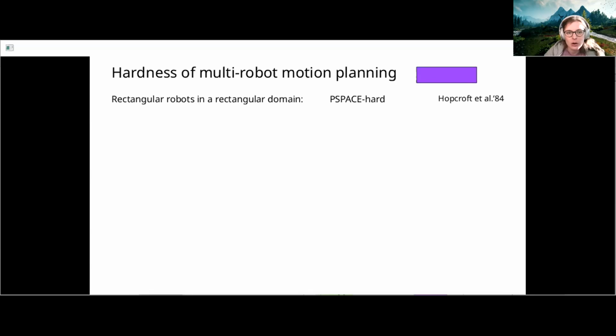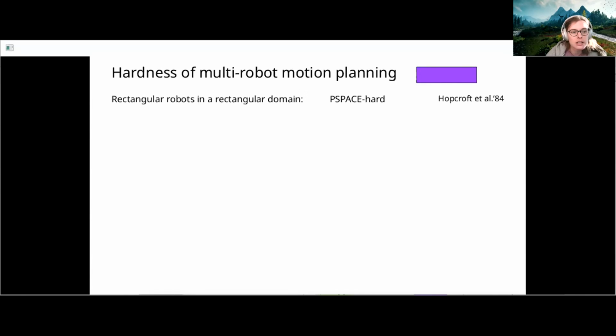There is quite some history here. We start with 1984, where it was shown that if we pack a lot of rectangles in a big rectangular domain, then it is, in general, PSPACE-hard to reconfigure, to start with one configuration and decide if we can end up with another configuration.